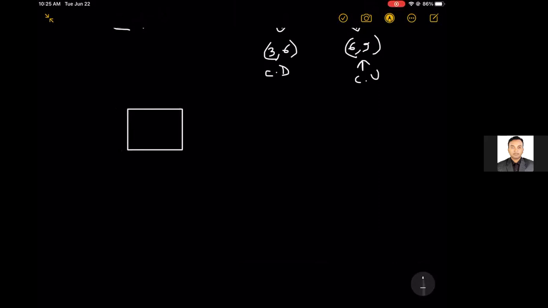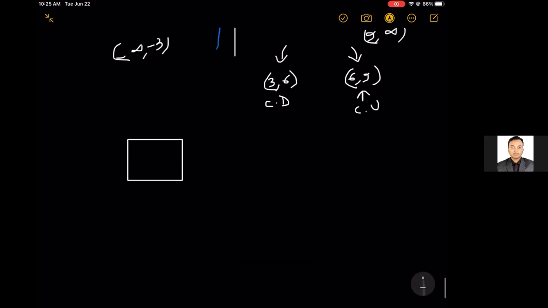Okay, now let's say we have rectangles with perimeters, let's say 100. Okay, that's the perimeter. And let's say we have a couple of other rectangles with the same perimeter.